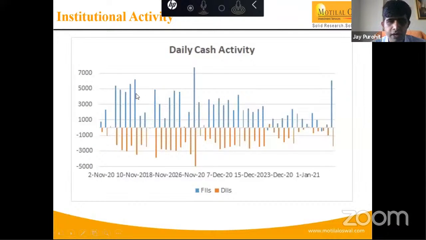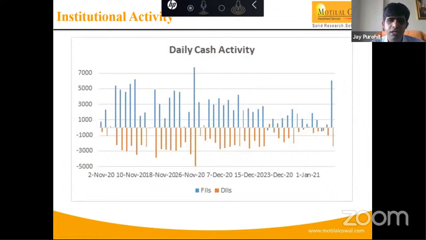Counting them, on 12 days they were buyers of more than 4,000 crores, and if we include the 3,000 crores plus buying, then it is somewhere around 17, 18 days wherein they were buyers worth 3,000 crores or more in a single day.